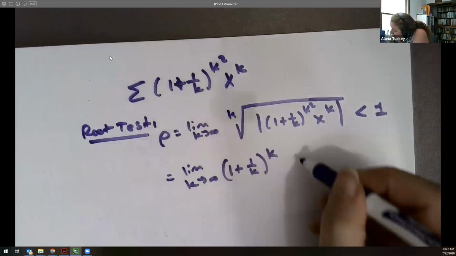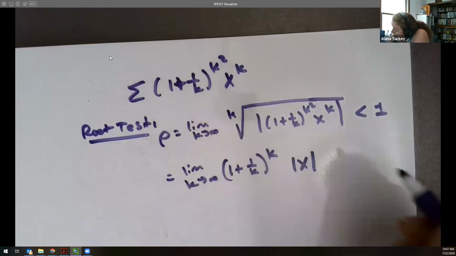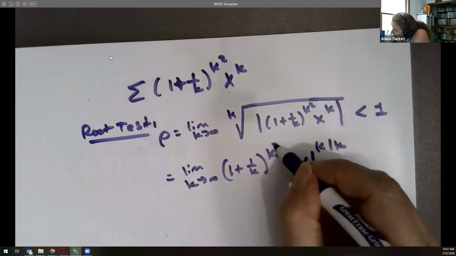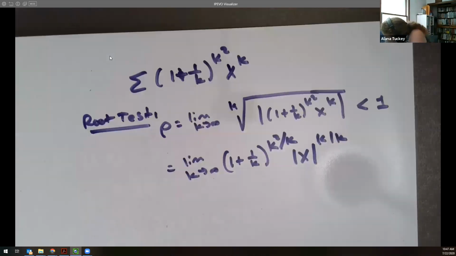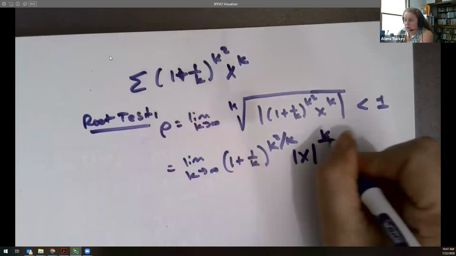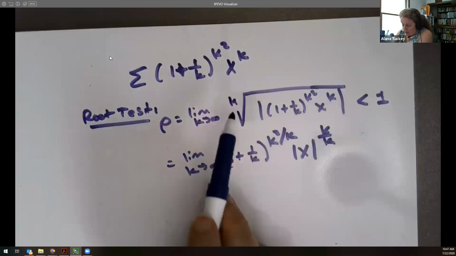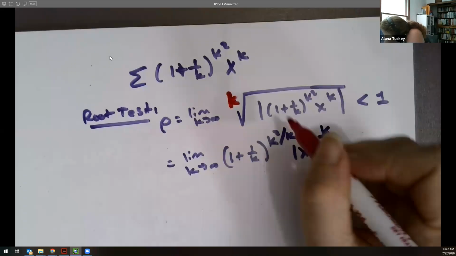And then absolute value of x, right? It's to the k over k. Here, this is k squared over k. If you can, that's division. Sorry if that doesn't look right. I'm trying to write it in such a way that you guys know what I'm doing. You see what I'm doing? I'm taking this k through out here, and then I'm putting it underneath. So this k right here becomes this k right here and this k right here.